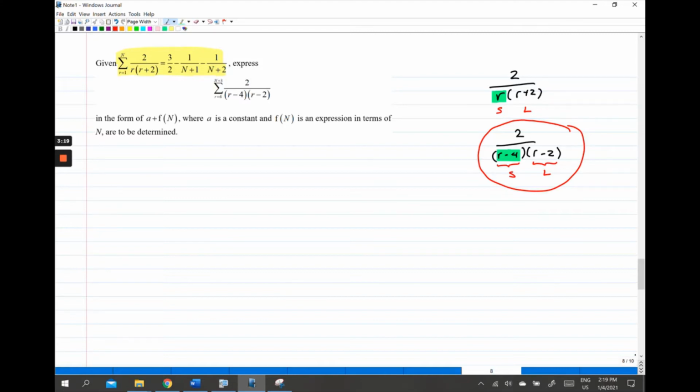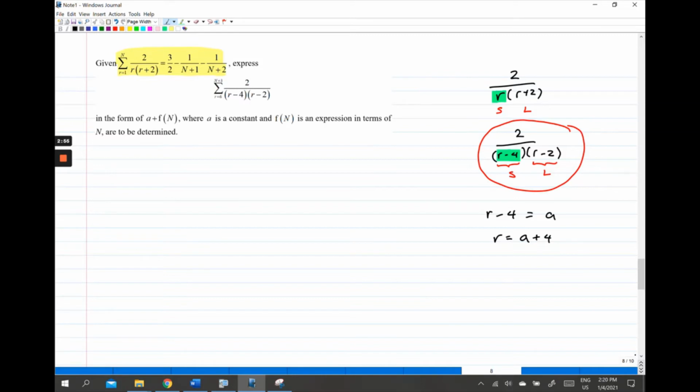Maybe let me change the expression a little bit. I have r minus 4, and I want to let it go into r. To not make things too complicated, I'll change the letter and use a. So your substitution is to let r equals a plus 4.